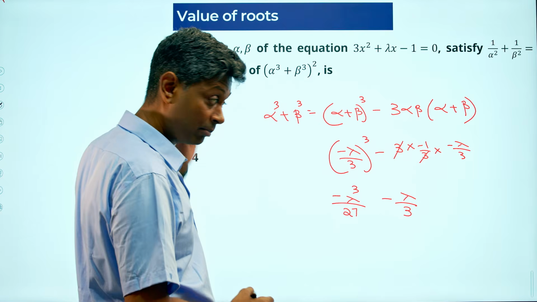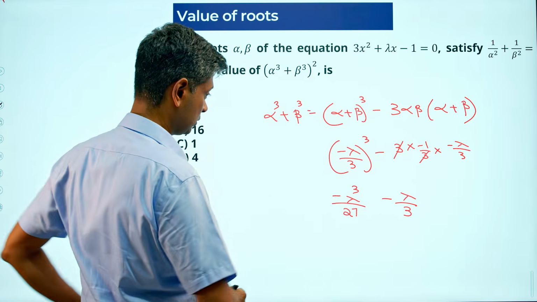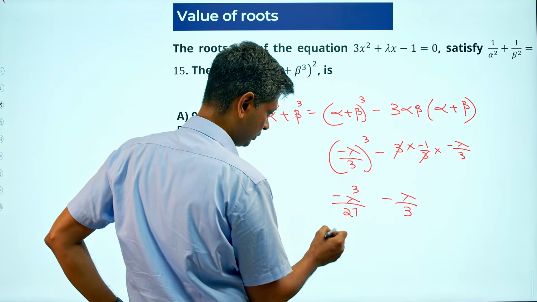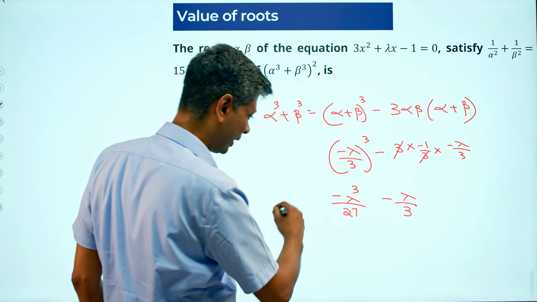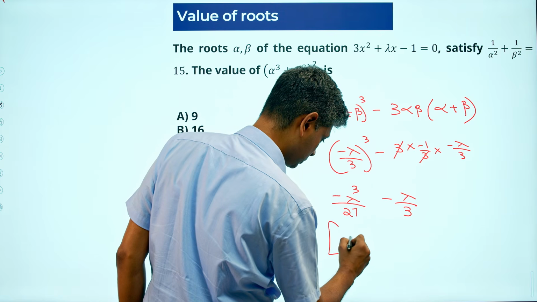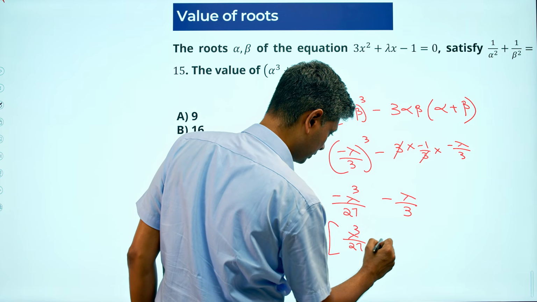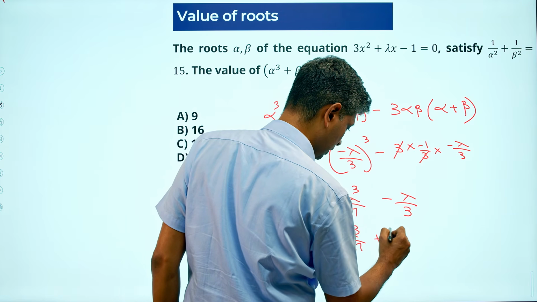Brilliant. We know lambda is plus or minus 3. My gut feel is if you put plus 3 and minus 3, you'll get plus or minus of each other, and so we can take out a minus outside: lambda cube by 27 plus lambda by 3.